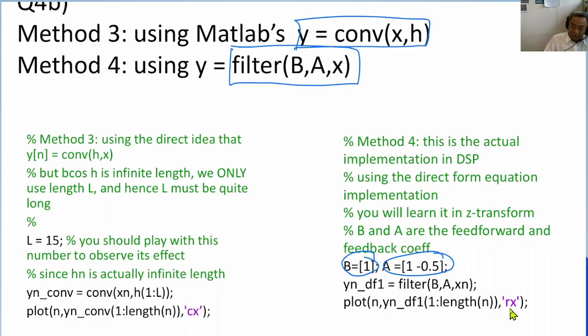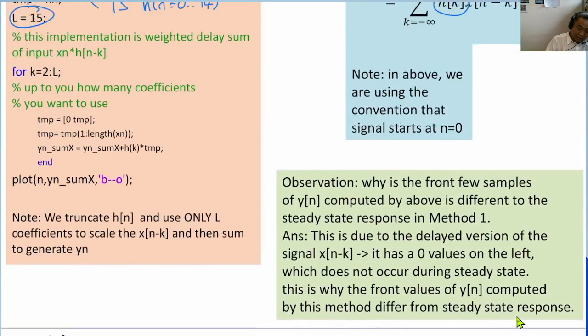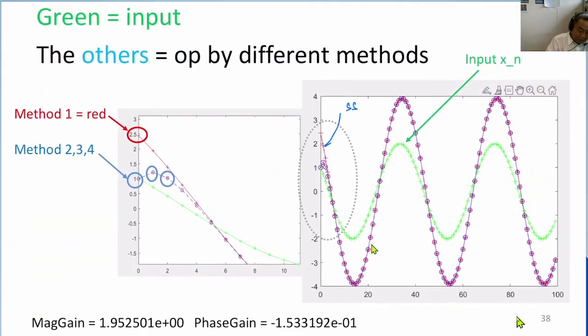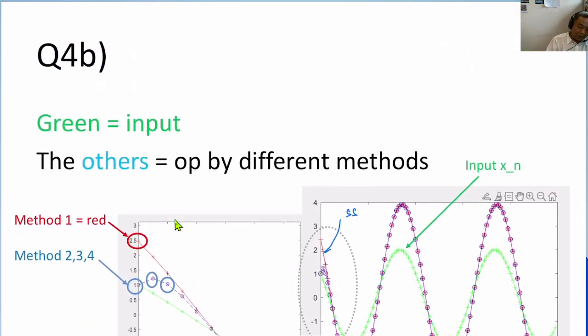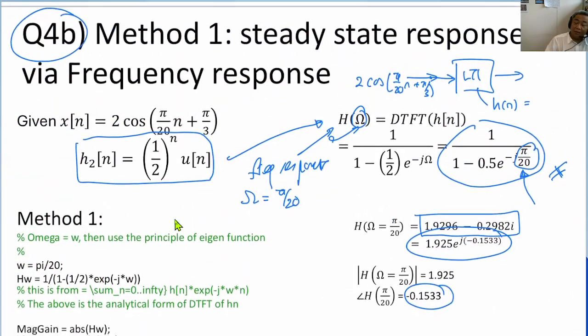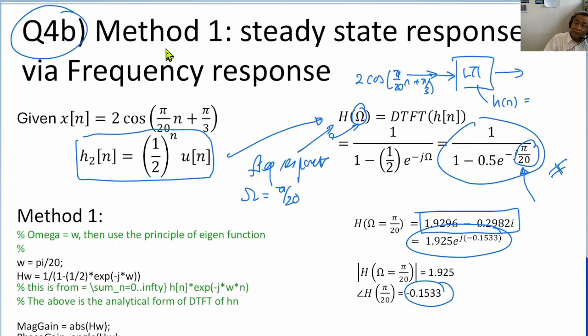And this is in the red, and you will see that the response is the same as methods 2 and 3. Methods 2, 3, 4 all produce this. Method 1 produces these red crosses, which is the steady state, and green is the input. So with that, we have answered question 4b again using the 4 methods. Thank you.